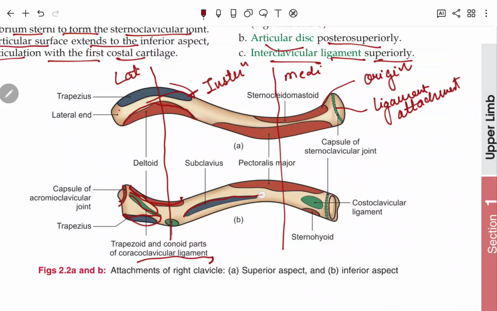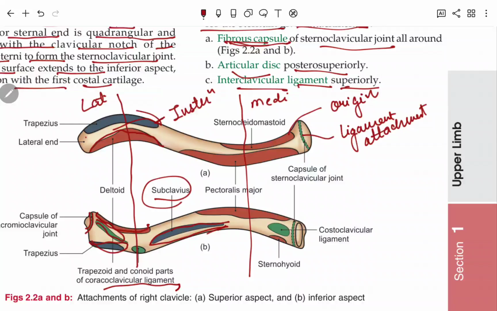In the middle part of the clavicle we have the insertion of the subclavius muscle, on the inferior surface, which is the subclavian groove. In the subclavian groove we have the insertion of the subclavius muscle.